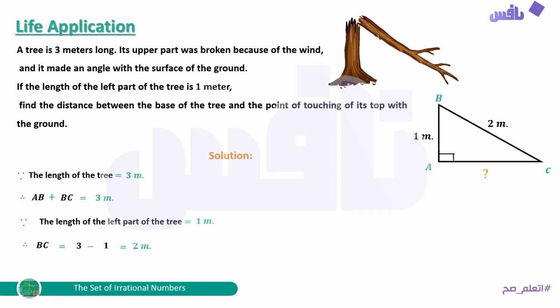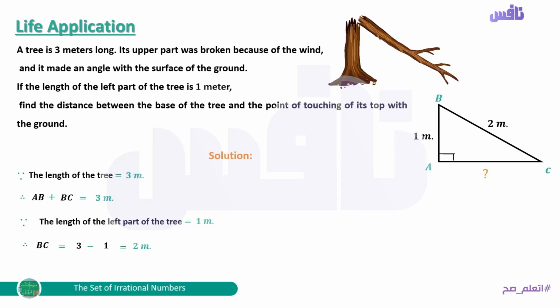Now we have a right-angled triangle and we have the length of two sides. And the required is to find the length of the third side, which is AC. As you studied in first prep, we can use Pythagoras theorem to find the length of AC. Let's remember it together.